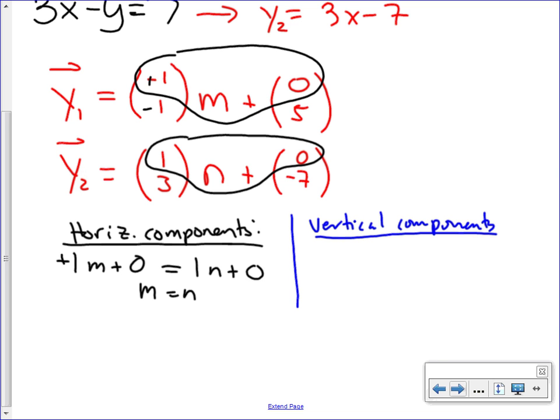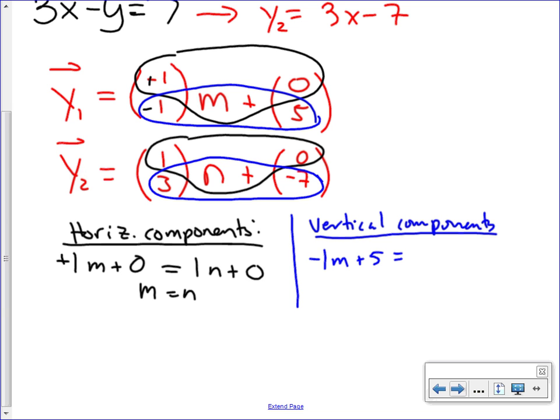And then if you compare that to your vertical components, you set up the following equation. Negative 1m plus 5 is equal to 3n minus 7, right? And if you use this substitution, just substitute that m for an n.